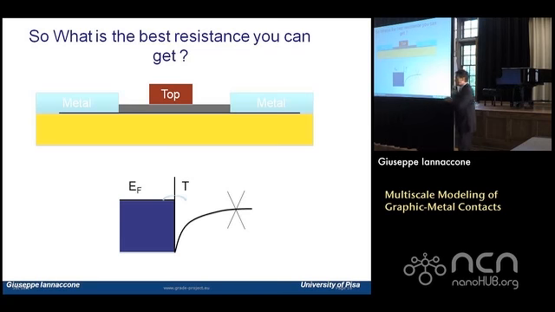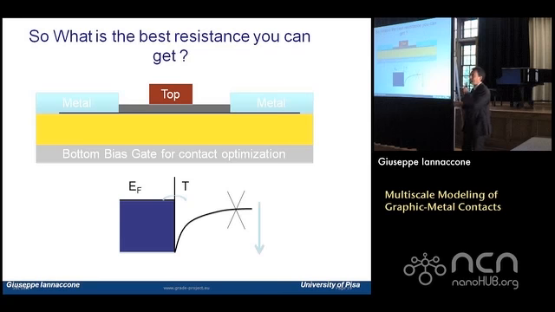If we want to improve the conductance of the contact, we just need to put a back gate below and apply a positive voltage on the back gate. If we do that, we can push down the energy of the Dirac point and therefore improve the contact resistance.